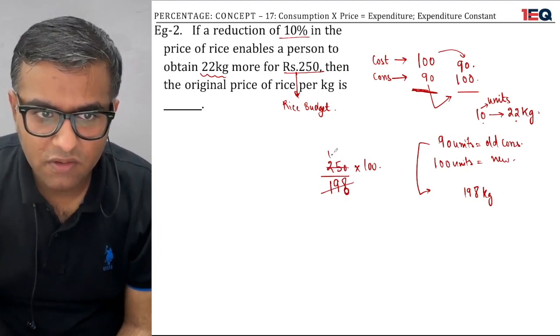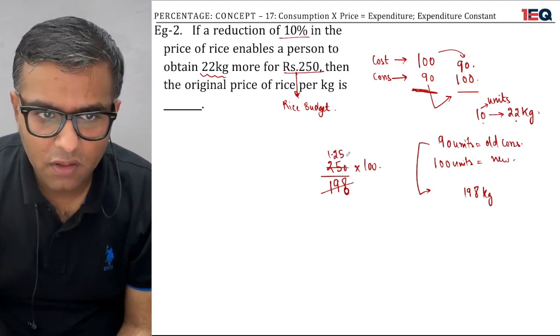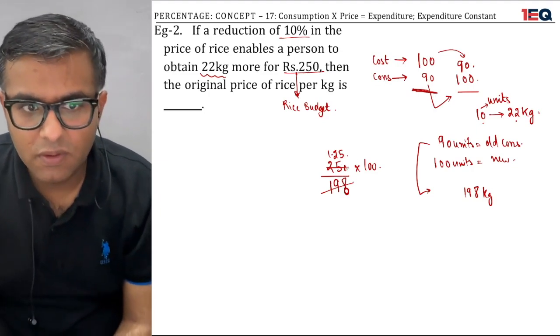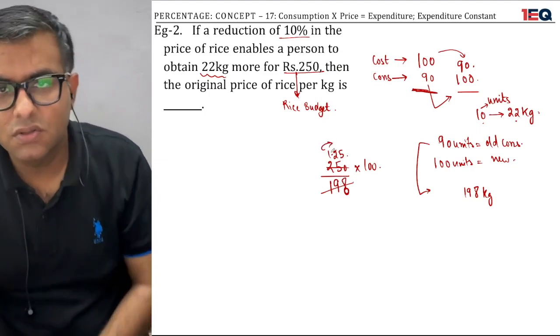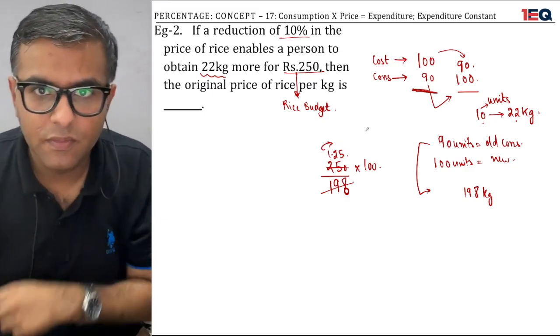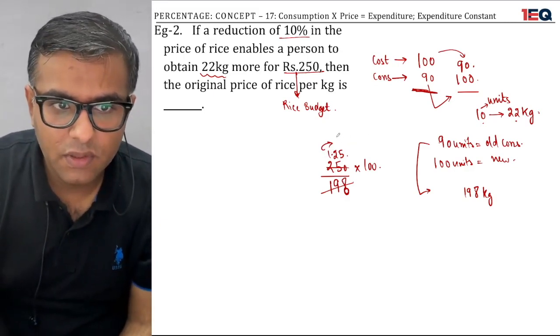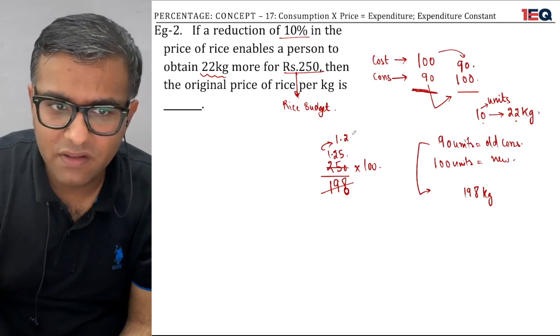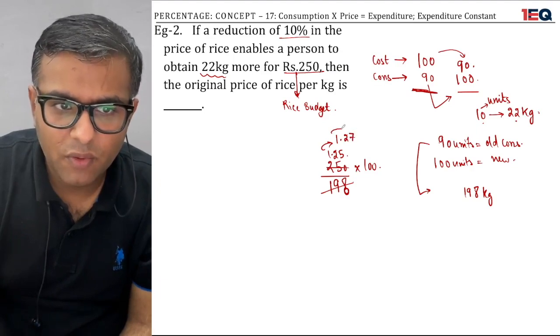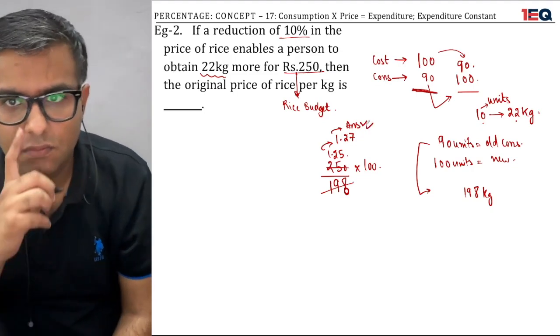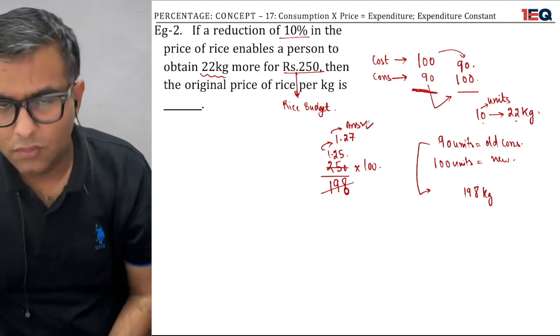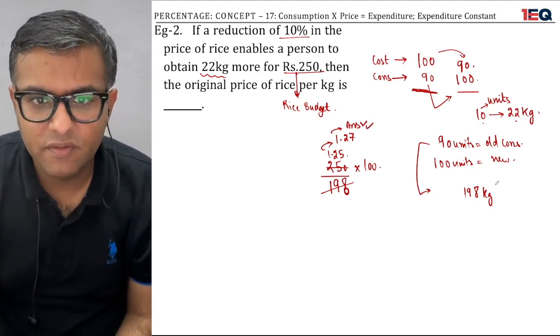So 200 would give me 1.25, and 1.25 would be the answer if this was 200. But this is lesser than 200, so the numerator would have become higher. And what the numerator would become is 1.27 something. So 1.27 would be the final answer. Okay, you got me? How 1.27 would be the final answer?